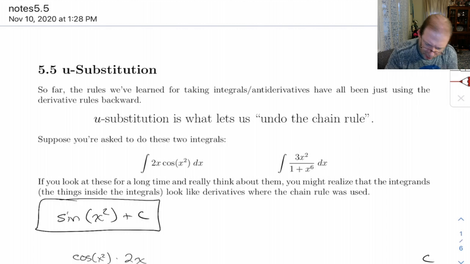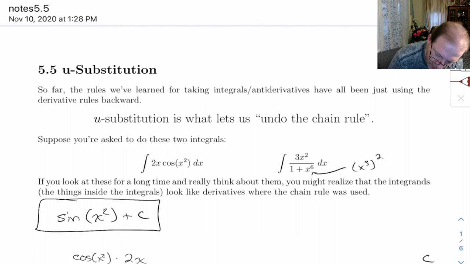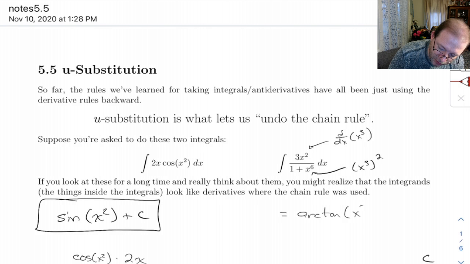This other one's probably a little trickier, but you might notice that this is x cubed squared, and this up here is the derivative of x cubed. And so this would give you arctan of x cubed plus c.